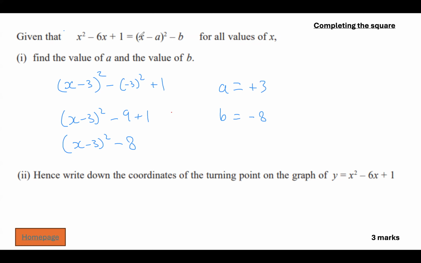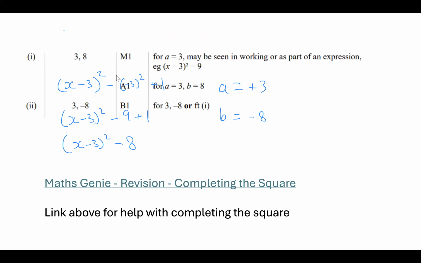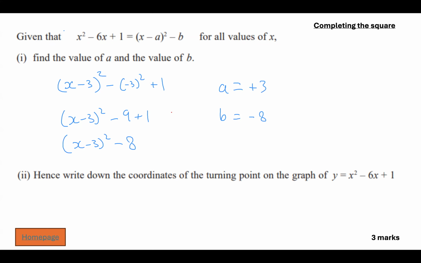Are we right with that? Oh, sorry. Yes, I knew I made a mistake there. So a is going to be positive 8 because this is minus b. So if we sub in this value here, it's minus minus, which becomes plus. So b is plus 8.